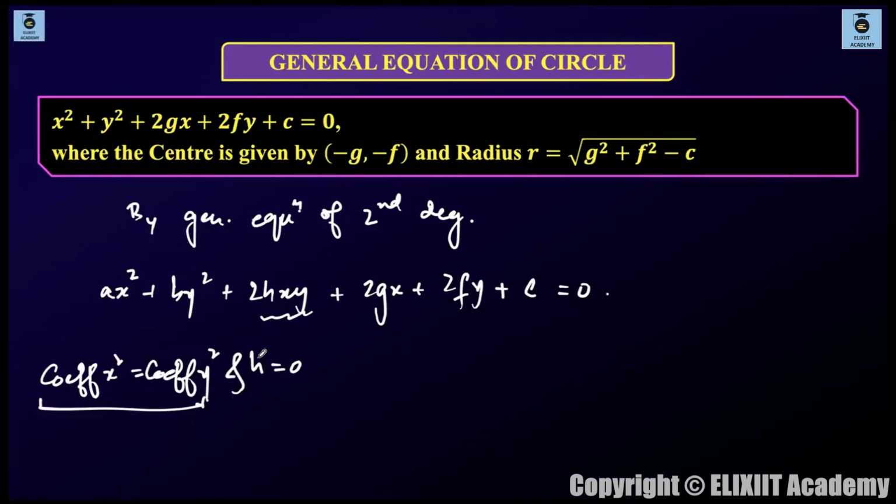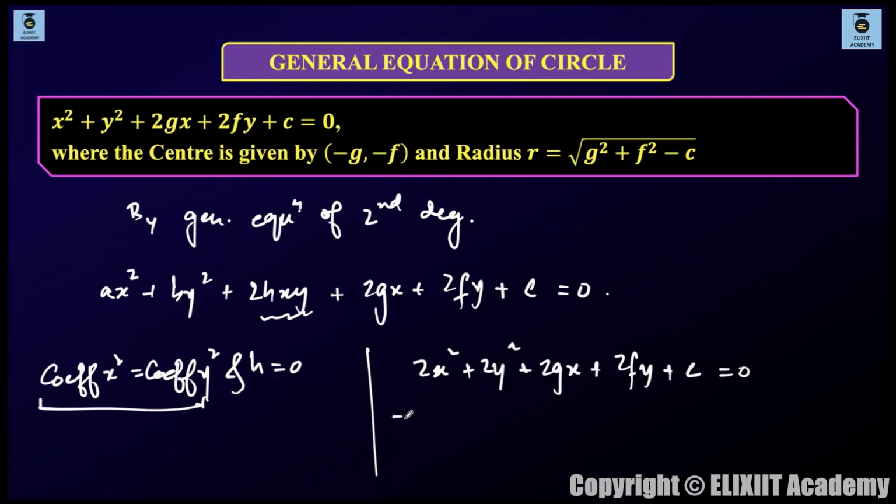The necessary condition is to find out the center. If the coefficients are some different number, for example 2x square plus 2y square plus 2gx plus 2fy plus c is equal to 0, you are supposed to make this as 1.